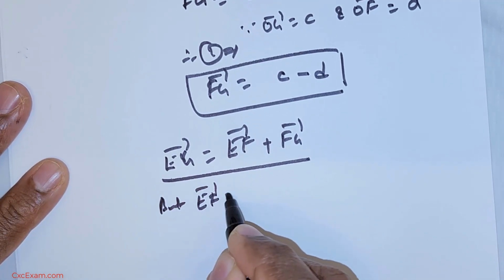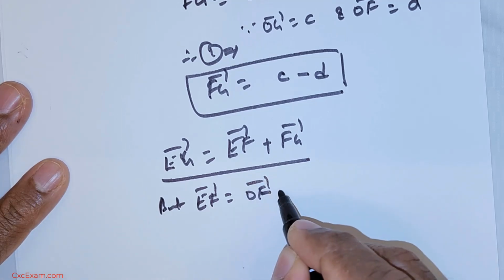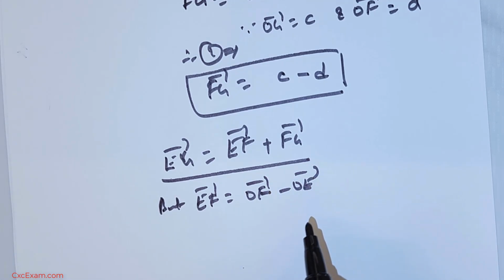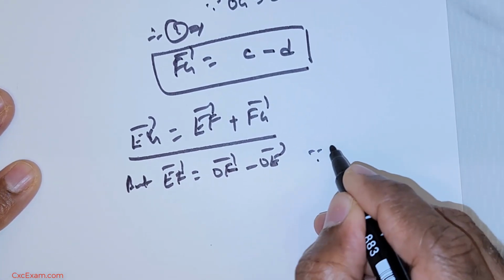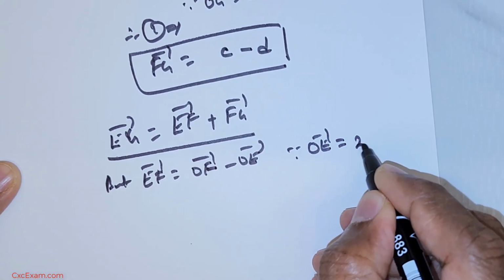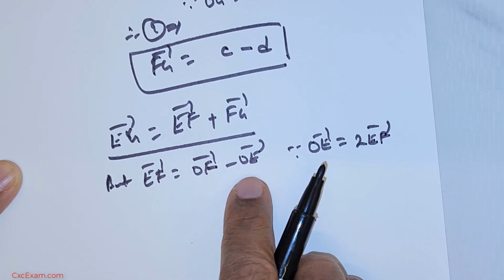But what is EF? EF is actually OF minus OE, is it not? So what is OE? OE is 2 times EF, right? This is given.